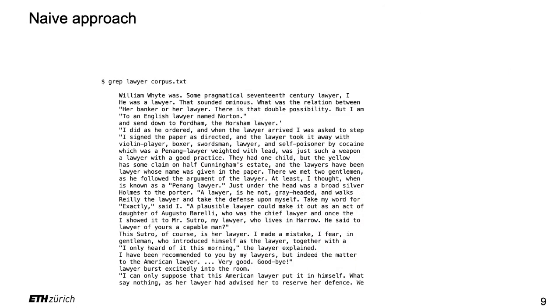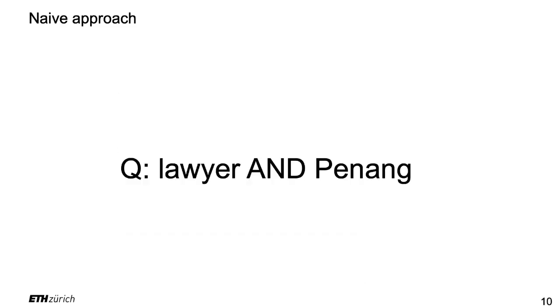That kind of does the job. You can use Grep to find all of the lines that contain that word. Why lines? Just because this is the way Grep works. Grep looks at the carriage return, and then it does it line by line.